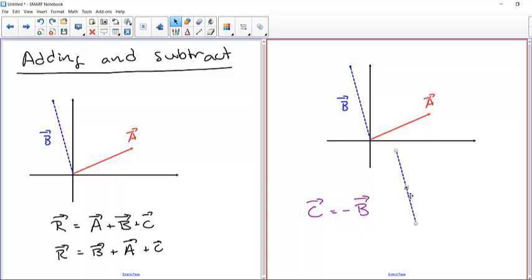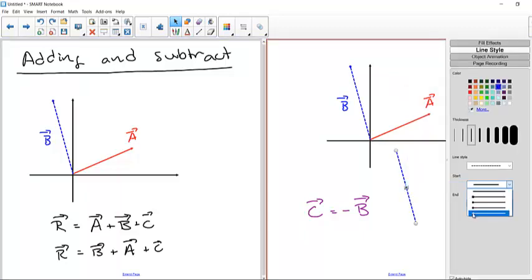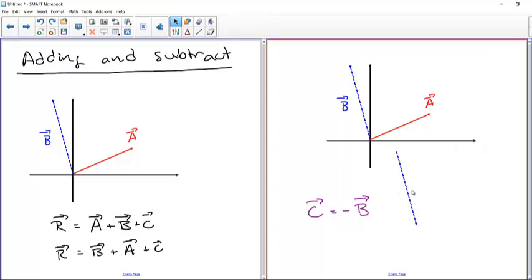What I'm going to do is switch the tip and the tail again. So this is vector C. You see it's the same length as vector B, but it's pointing in the opposite direction. I could put that here, and you can see it just forms a straight line. We'll call that vector C. So vector C is negative vector B.